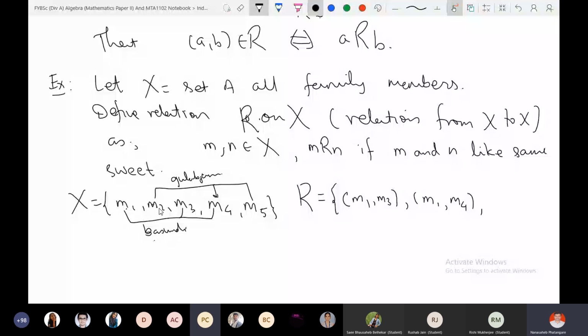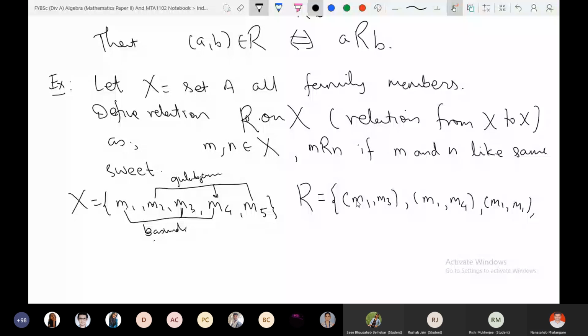So (M1, M3) is there because M1 and M3 like the same sweet. (M1, M4) is there because M1 and M4 like the same sweet. Now I can have (M1, M1) also, because the same member with the same member is related with respect to this relation. Certainly this pair will be there because the member is the same.